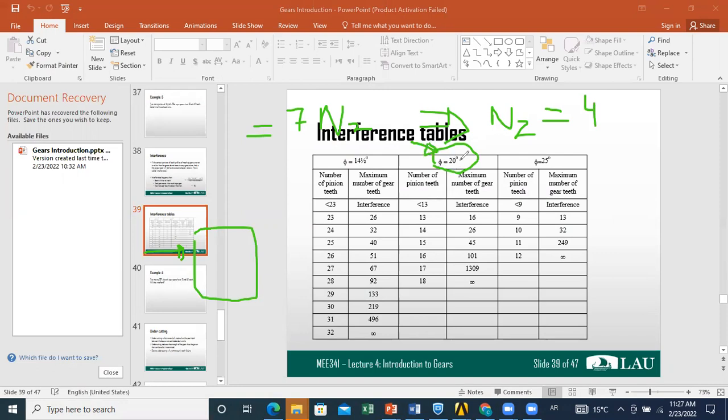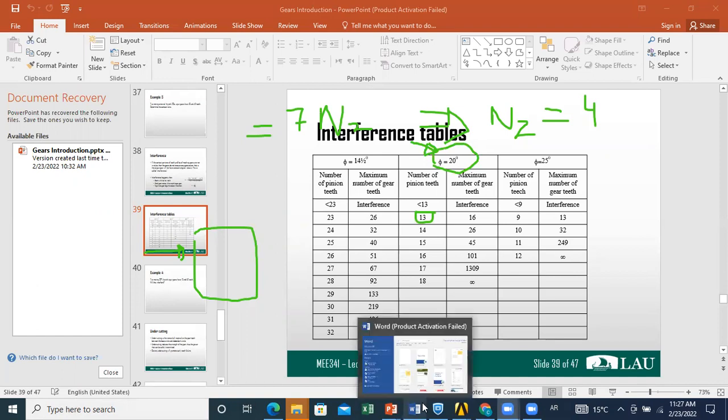So here, to avoid interference, I should be above 13. The minimum number of pinion teeth is 13. Any number of pinion teeth below 13 will lead to interference, which is not desired. So I say no, this option is not good.